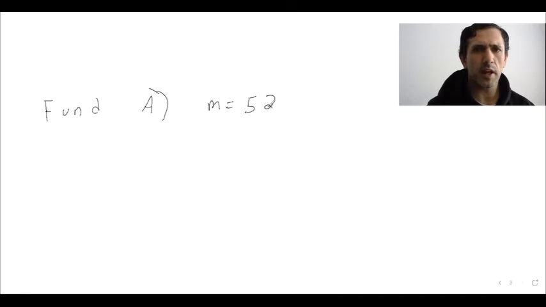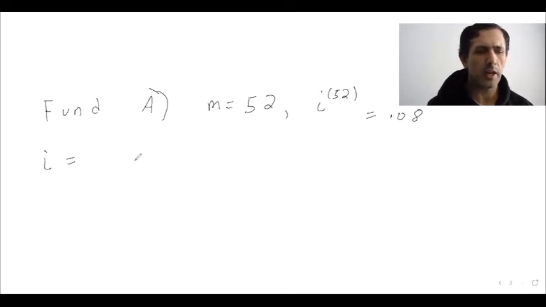We're given that for Fund A, interest is compounded weekly. So that's 52 for m, 52 times a year. We're given that I52 is 8%, so this is 0.08.